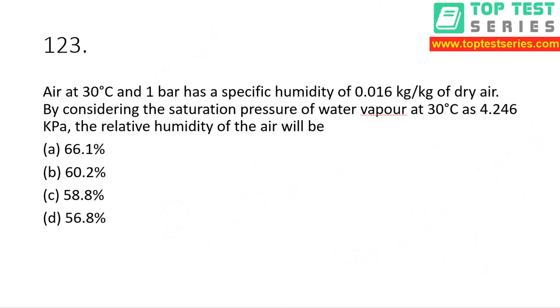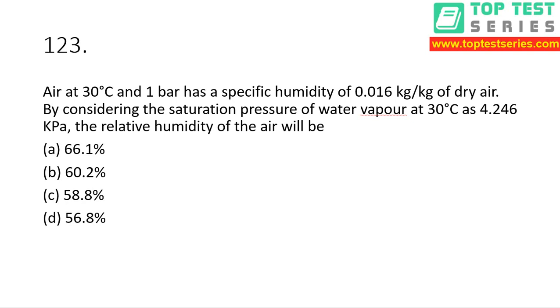Question number 123. Air at 30 degrees centigrade and 1 bar has a specific humidity of 0.016 kg per kg of dry air. By considering the saturation pressure of water vapor at 30 degrees centigrade as 4.246 kilopascal, the relative humidity of the air will be.